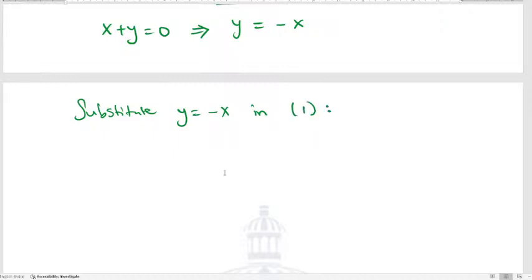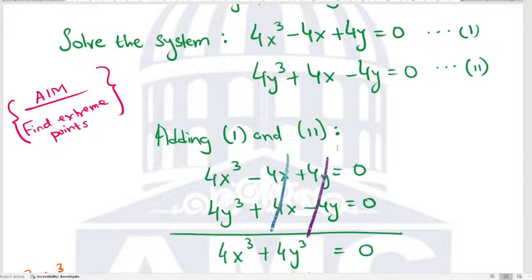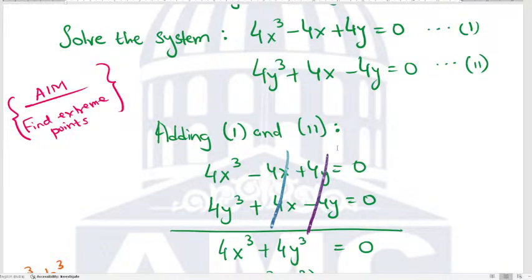Now, equation 1, if you remember, was 4x cubed minus 4x plus 4y is equal to 0. That was equation 1. If you forget, I'll show it here, right? So the first line, 4x cubed minus 4x plus 4y is equal to 0.